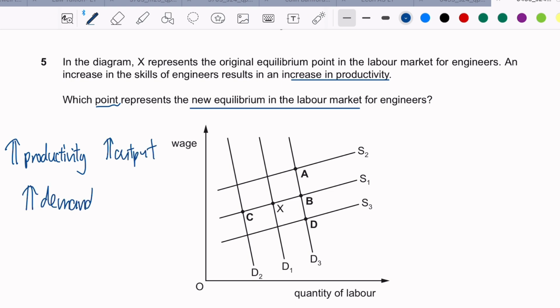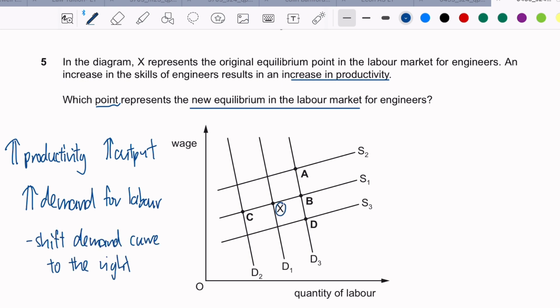So the demand for labor will increase. Therefore, this shifts the demand curve to the right. So this is the original point. You will shift to the right. Alright, so we draw a line to see where the new equilibrium is. Okay, it's B. This is the new equilibrium.